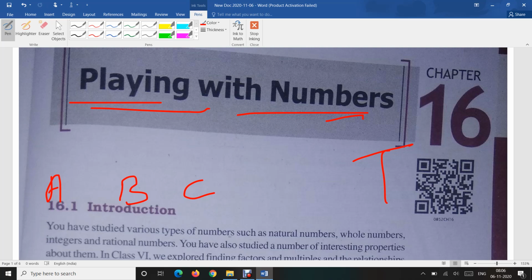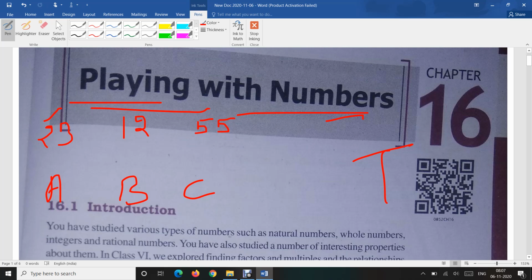A thought of a number which is 23, B thought of a number which is 12, and suppose C thought of a number which is 55.